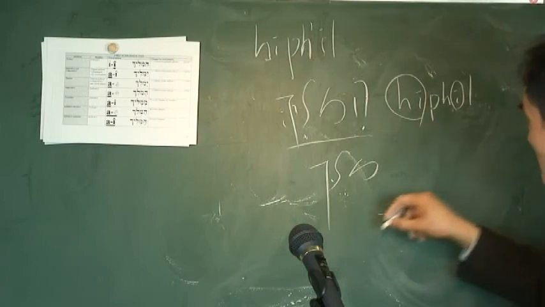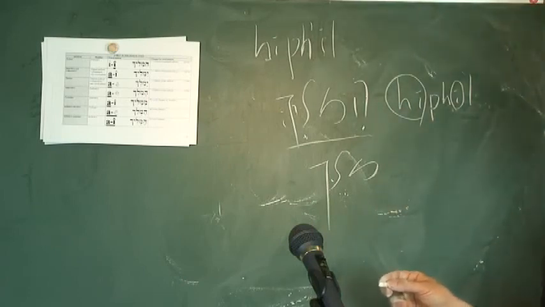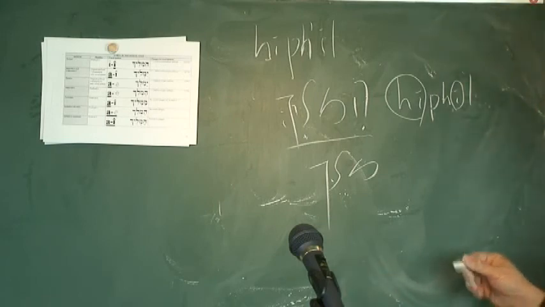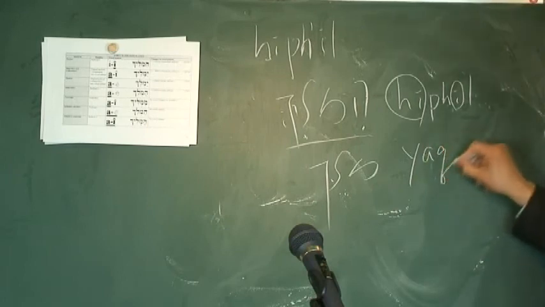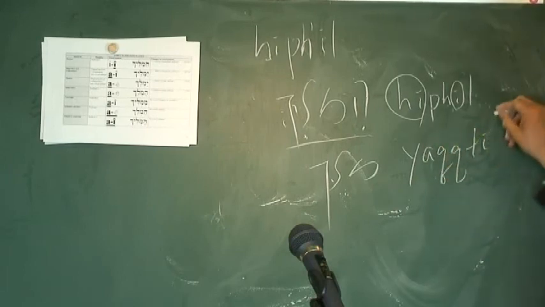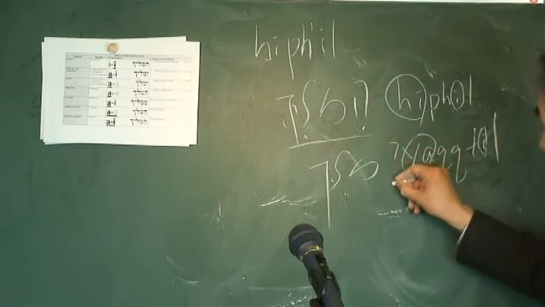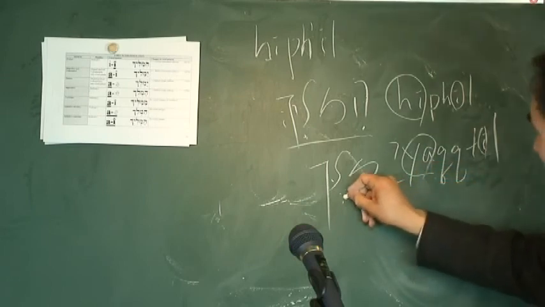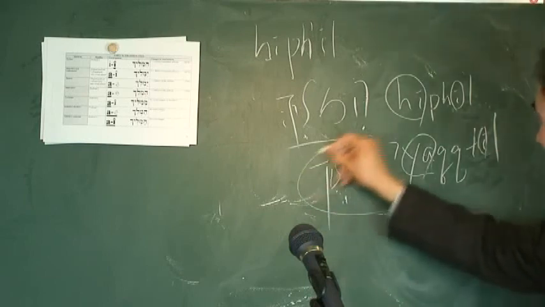We can also make the imperfect form. The imperfect form of the hifil would be yaktil. We found ya and e here. Ya would be yod, patah.